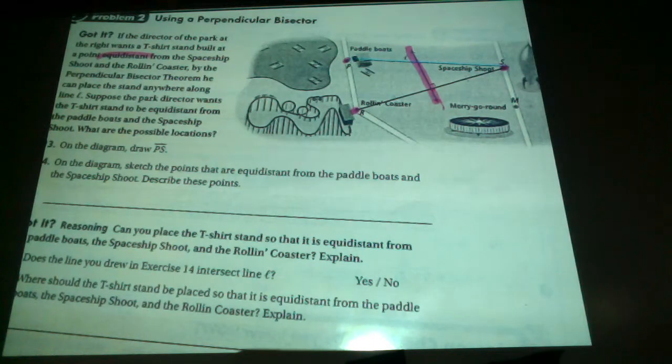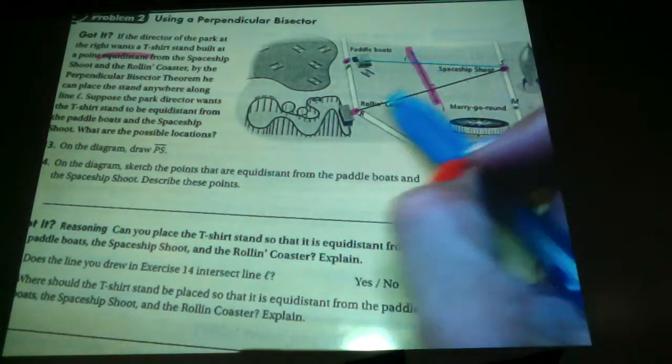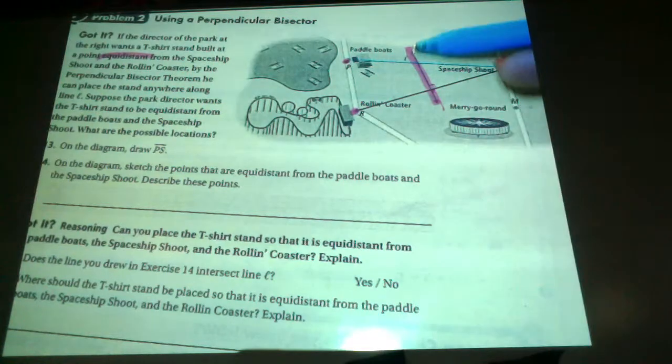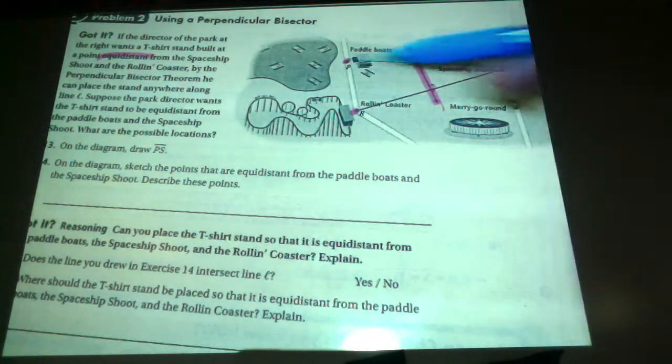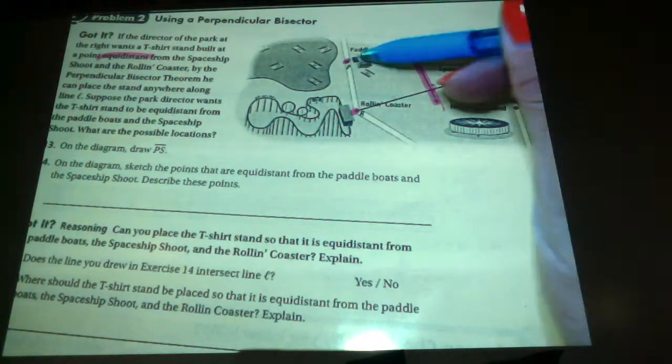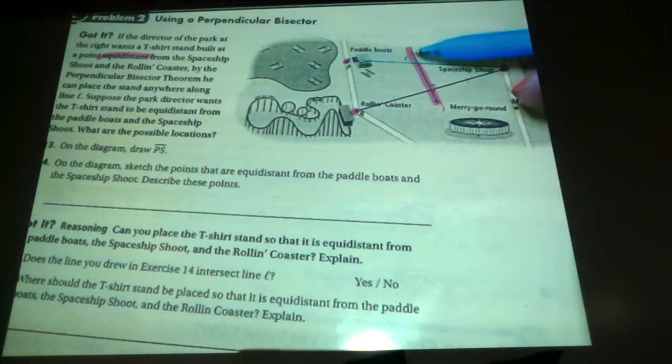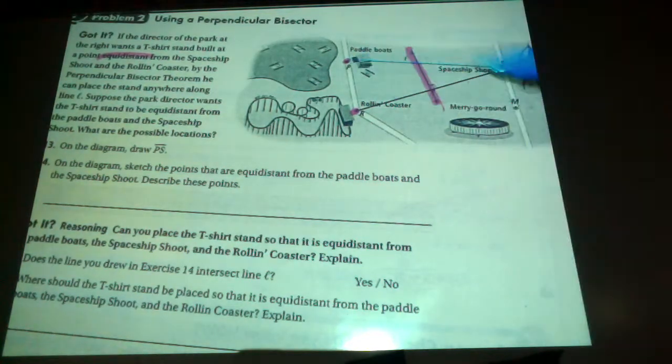And what's not clear in the question is, does he want an equal distance from the paddle boats and the spaceship chute and the roller coaster? In other words, he wants something that's equal distance to all of these. Would this line right here be equal distance for those 2 points?